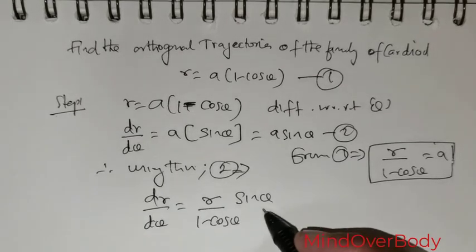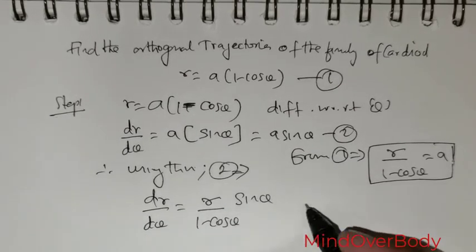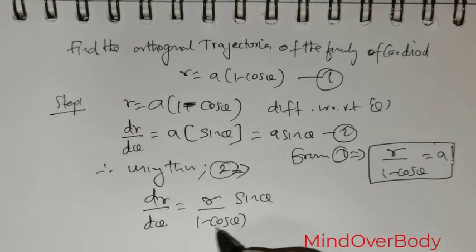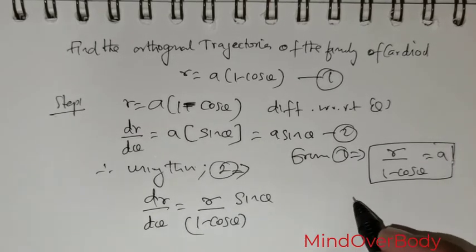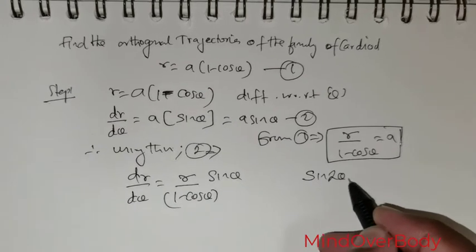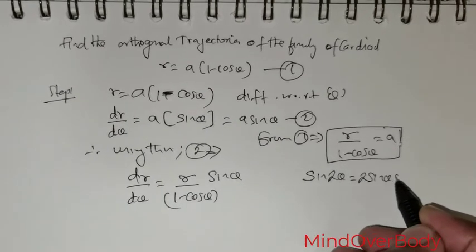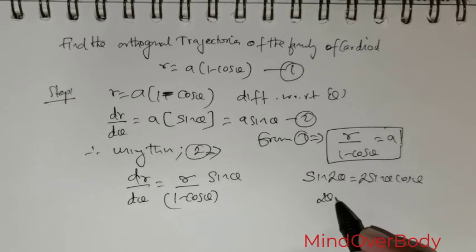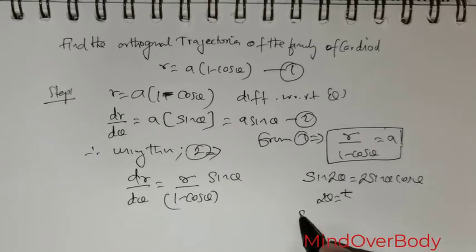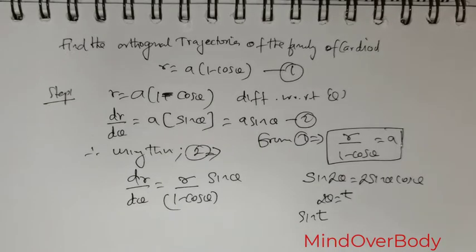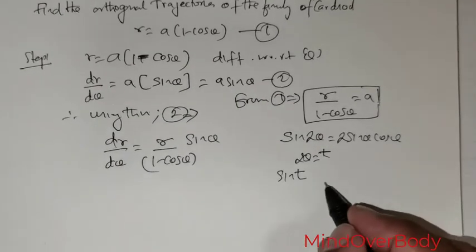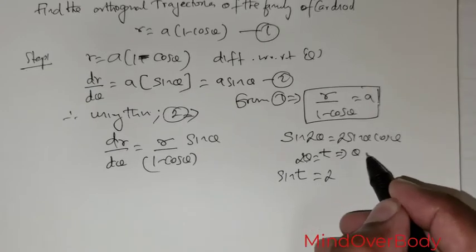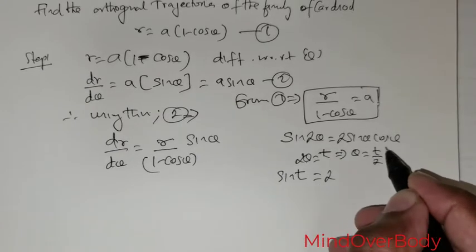Now I would want to represent this. In fact, I would have to change everything. So how am I going to change it? I'm going to use trigonometric formulae. I know that sin 2 theta is equal to 2 times sin theta cos theta. Now if I take 2 theta is equal to some t, then this is going to be sin of t is equal to 2 times, in place of theta, I will have to substitute t over 2.